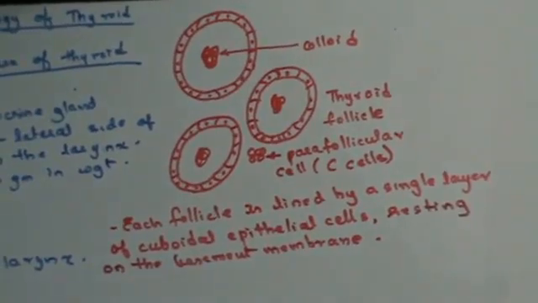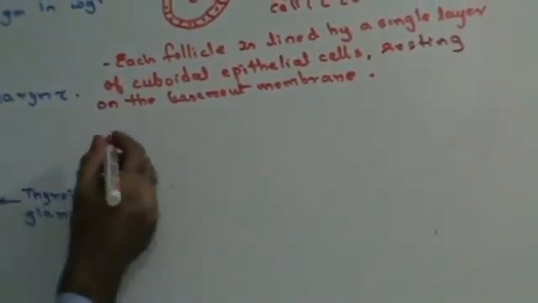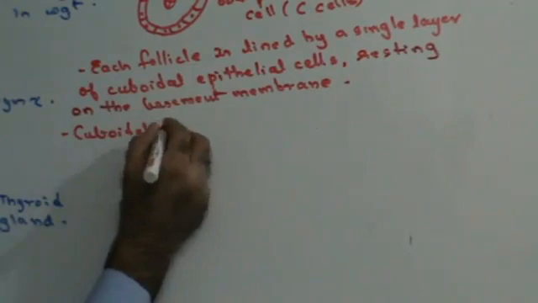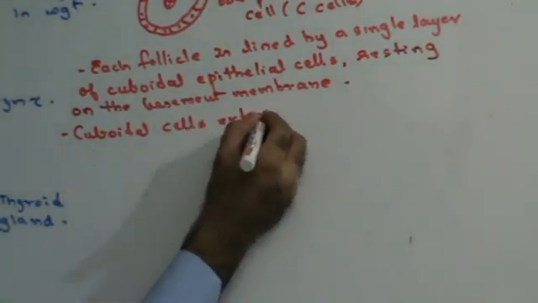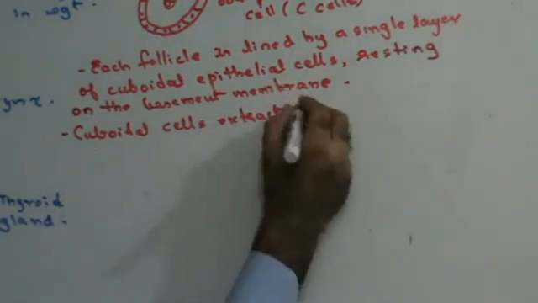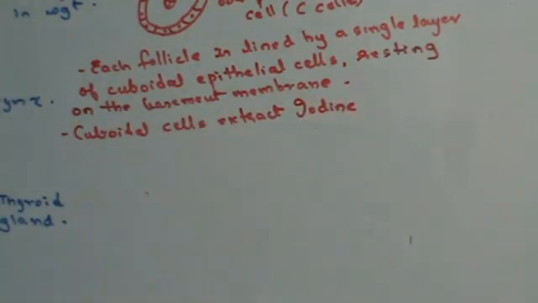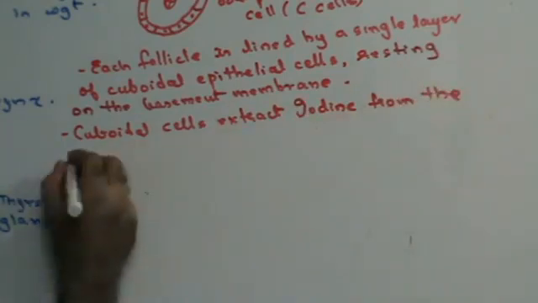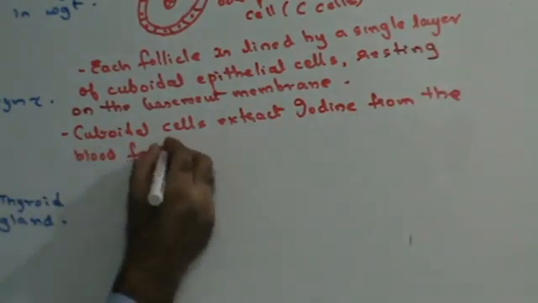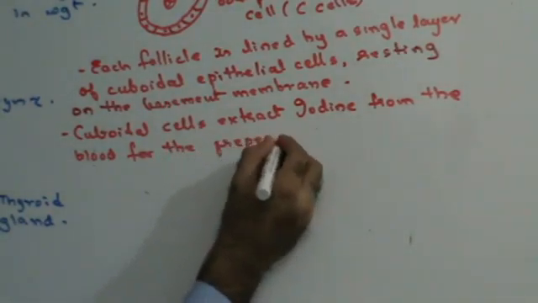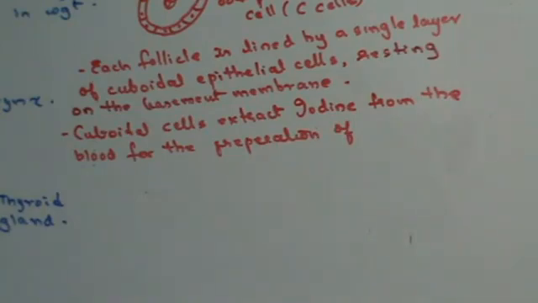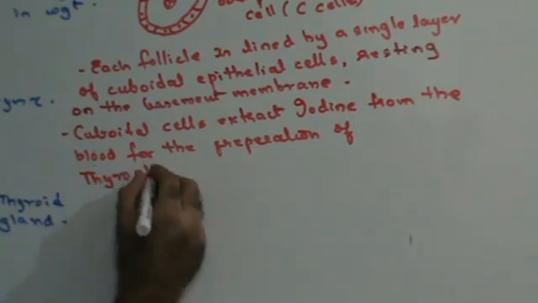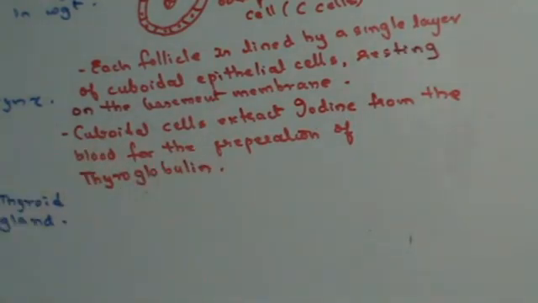Right? Now, these cuboidal cells extract iodine from blood for the preparation of thyroglobulin. Right?